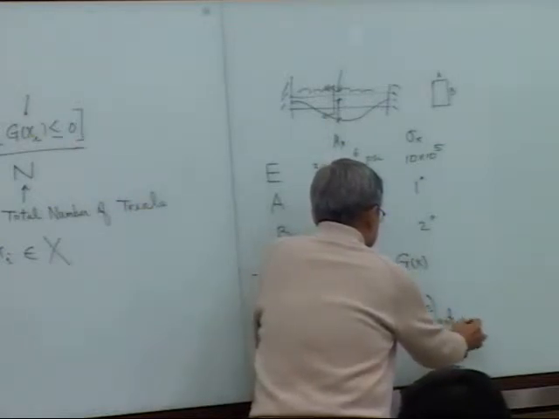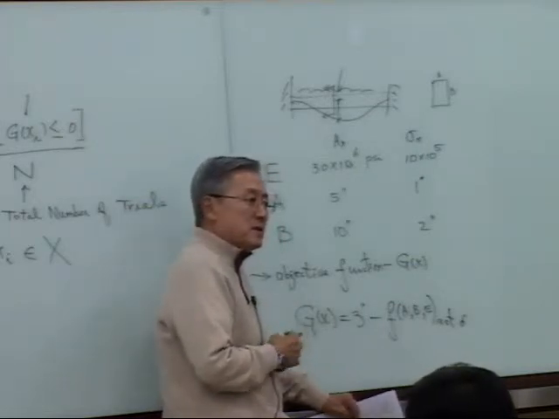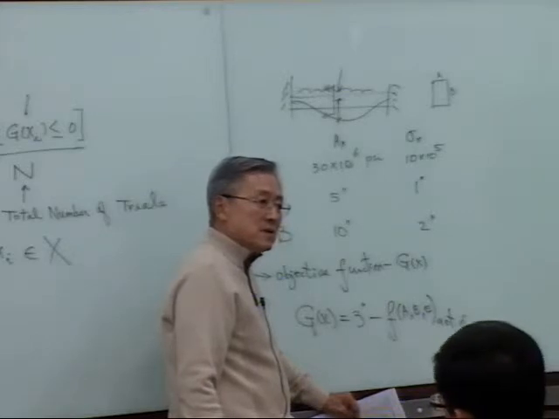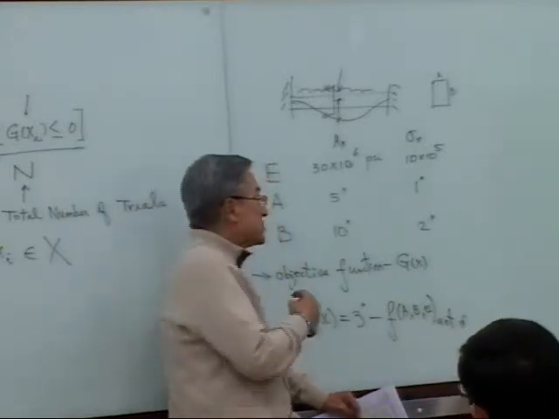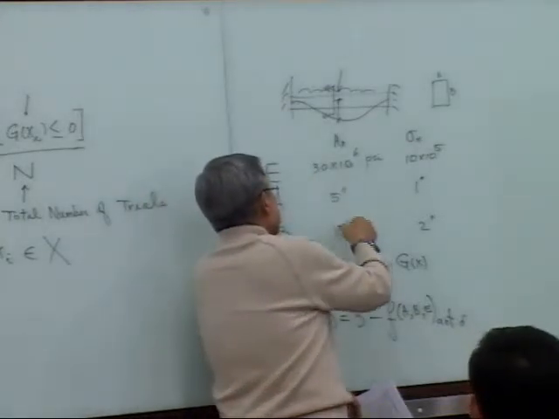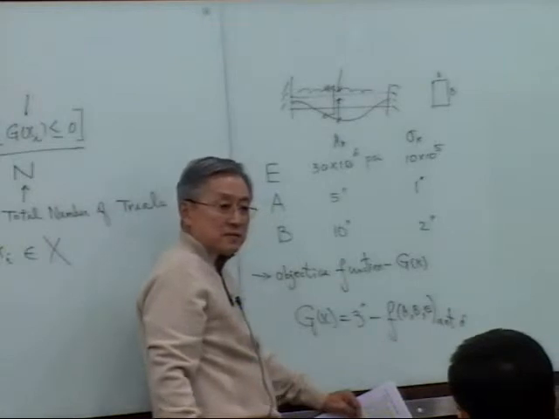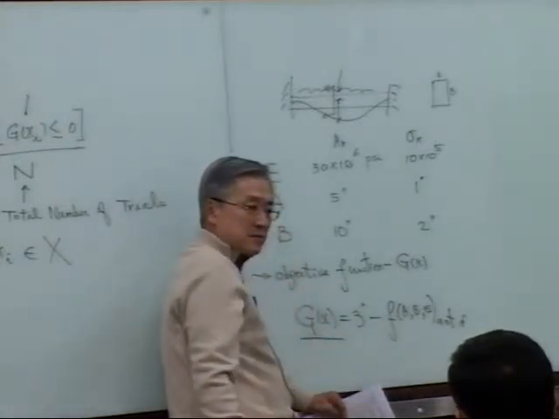The actual deformation you can compute from the equation set. You can derive the deformation as a function of this, plus of course you have the length and all that. Right? Then you can get the G function now.